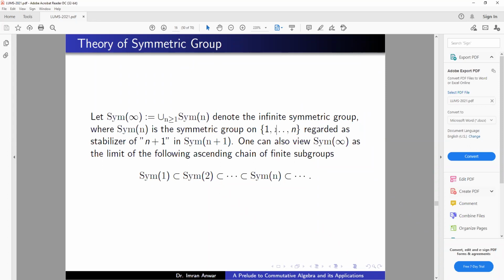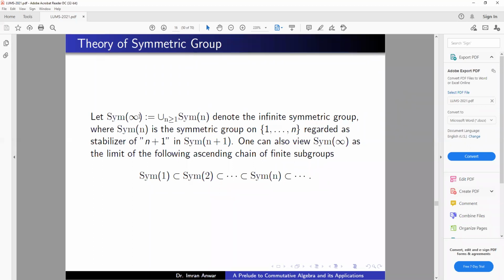This is quite popular, but this is a notation you might not like: Sym(infinity). It clearly indicates that you are going to permute infinitely many elements, but in order to define it, you take the union of all these Sym(1), Sym(2), Sym(3), and so on.